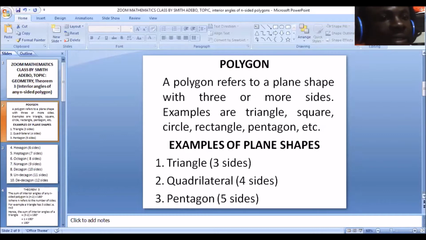It is just a round shape, very special. But polygons are plane shapes that have 3 or more sides. Plane shapes with 3 or more sides are referred to as polygons.